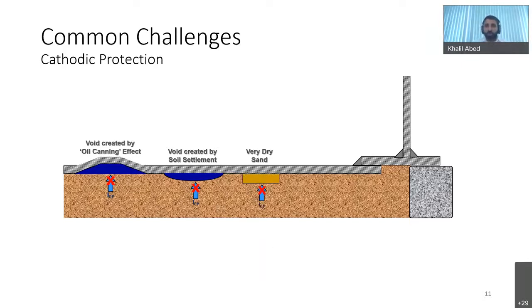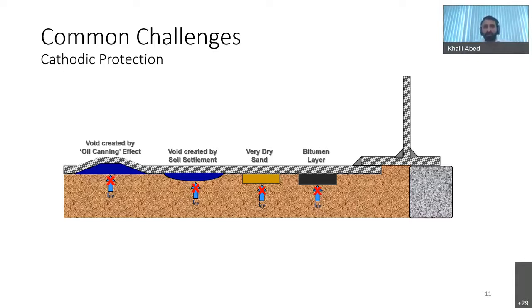Also, when using clean sand, the sand dries with time, which increases its resistivity and reduces the amount of current reaching the tank bottom plates to provide the required protection. Not to mention that a bitumen layer or oily sand layer works as an insulator for cathodic protection.